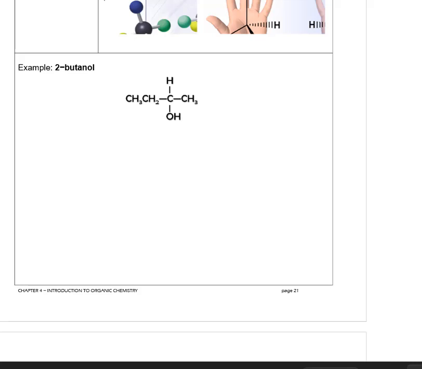So, when that compound is optically active, it will have a pair of enantiomer. Okay, in order to become a chiral carbon, that carbon must be attached to 4 different groups or 4 different atoms. Okay, so dia kena ada 4 yang berbeza.